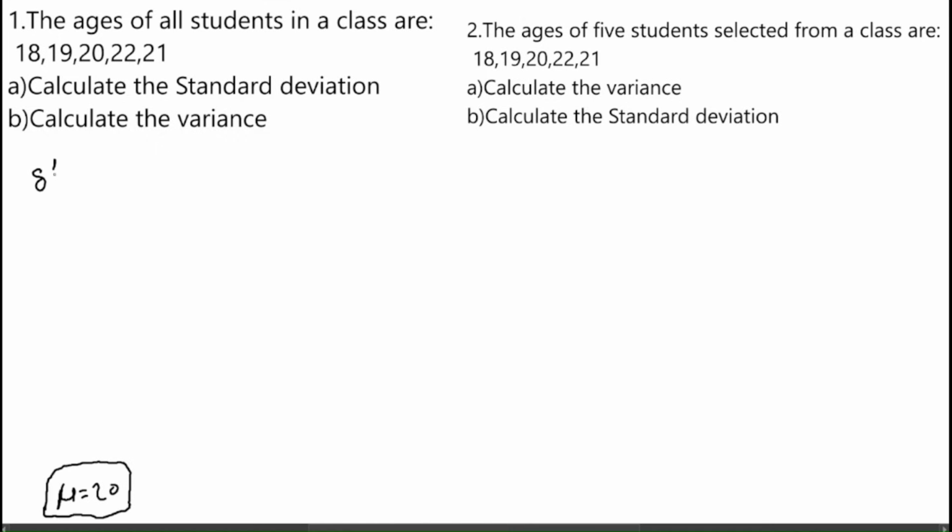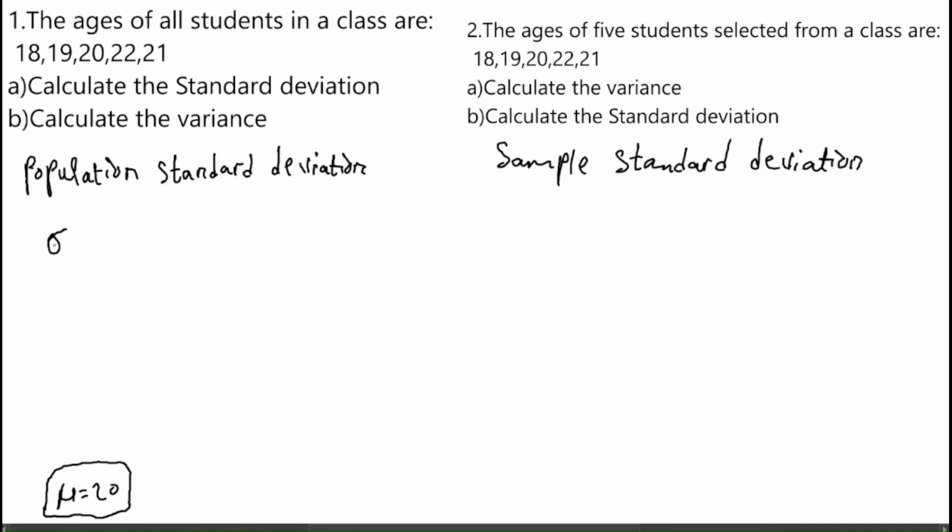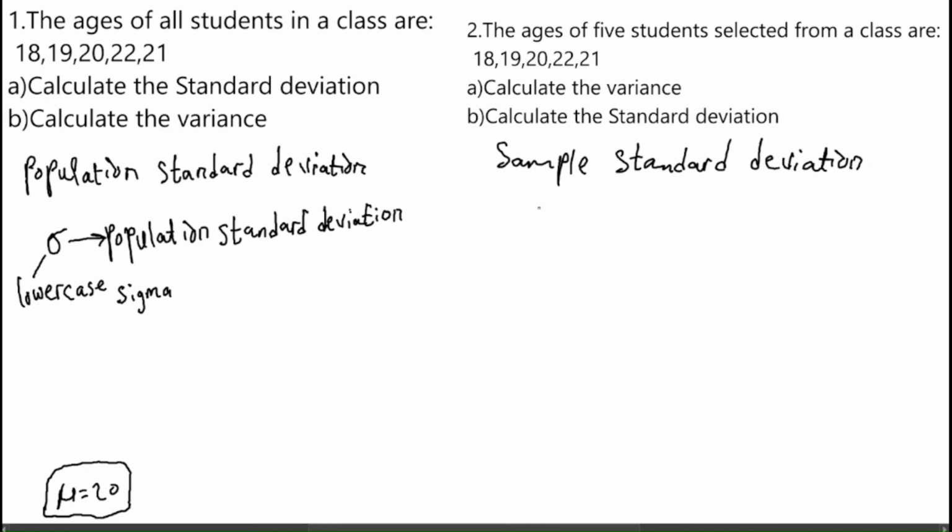Now the first question is to calculate the standard deviation. So we are going to calculate the population standard deviation. But before we solve, let's compare the formula to sample standard deviation. The symbol lowercase sigma is used to represent population standard deviation, and s is the symbol used to represent sample standard deviation.